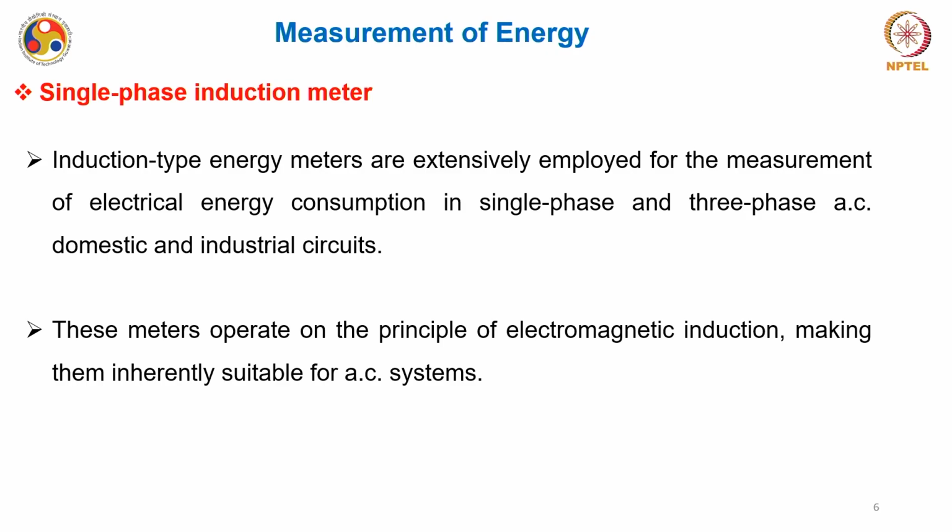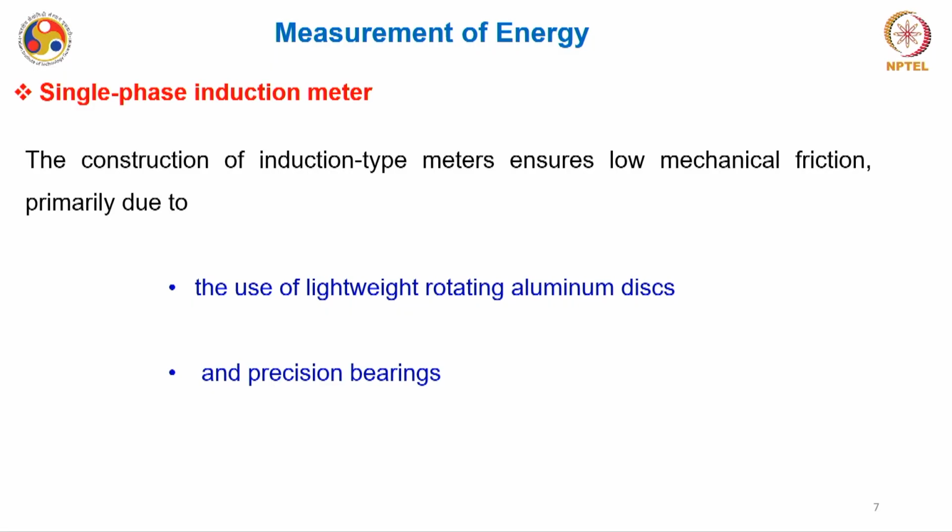These meters operate on the principle of electromagnetic induction, like any induction meter that we have discussed in our module earlier. That is why they are inherently suitable for AC systems, because here you are not dealing with magnets, you are dealing with electromagnets. In general, the construction of induction type meters ensures low or minimal mechanical friction.